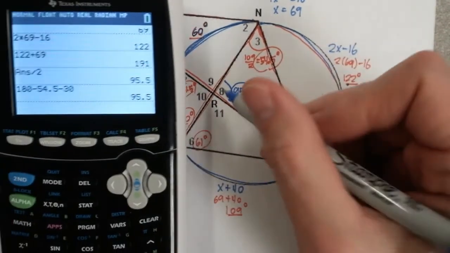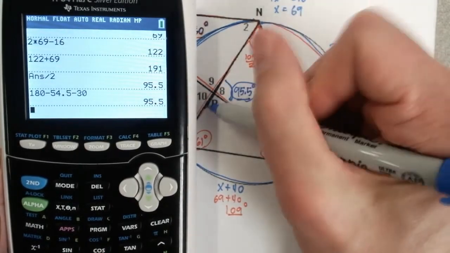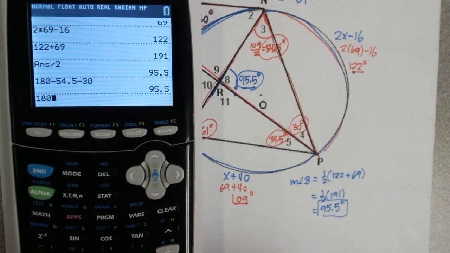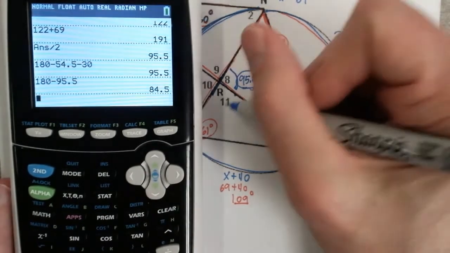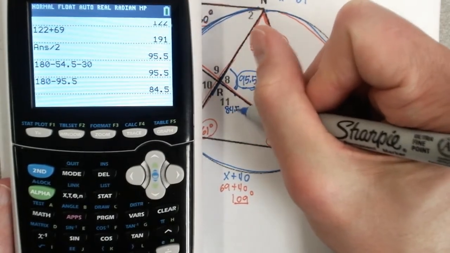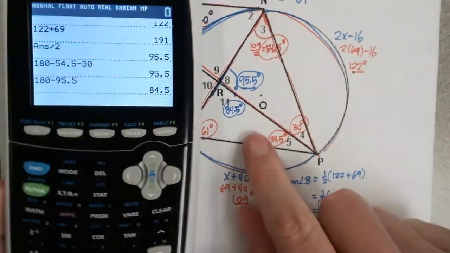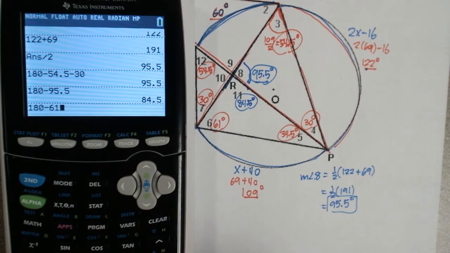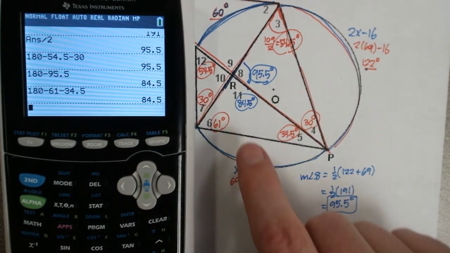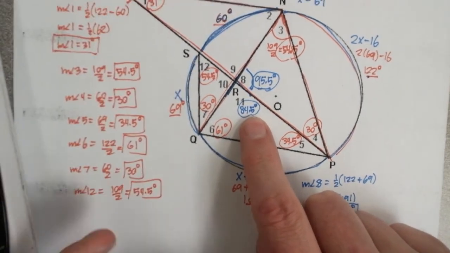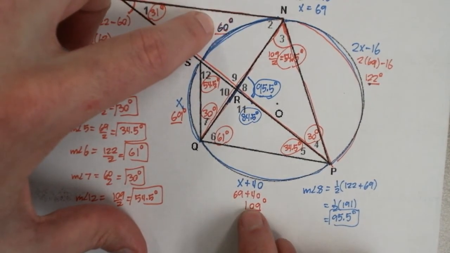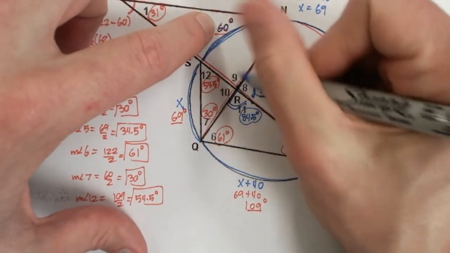Now you can get angle 11. Any two angles that form a line add to 180. So you can do 180 minus 95.5 to get 84.5. You could also do 180 minus the 61 and the 34.5 to get 84.5. Or you could also do 60 plus 109 and divide that by 2.